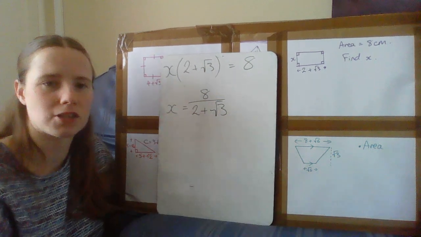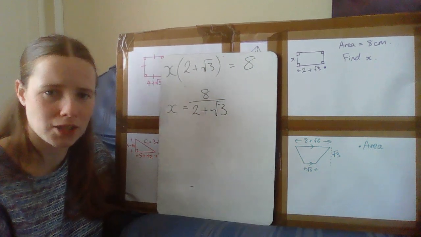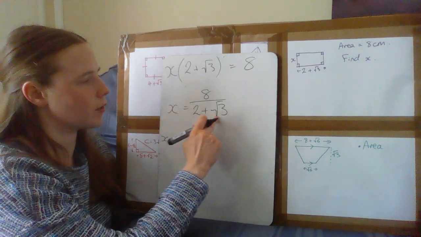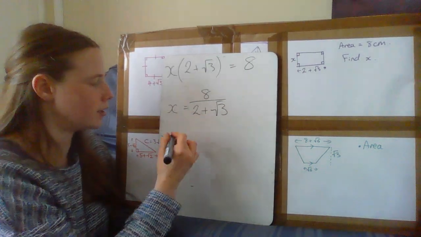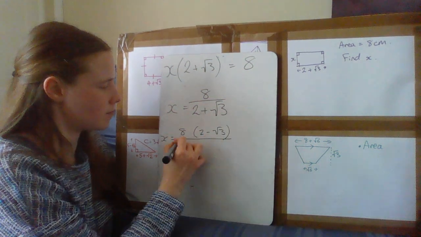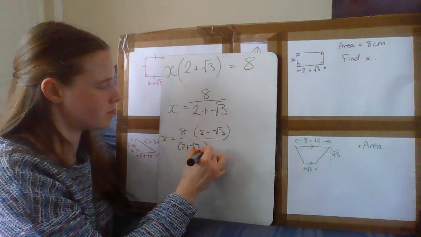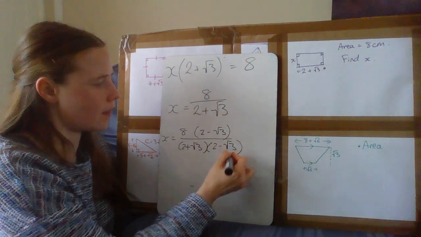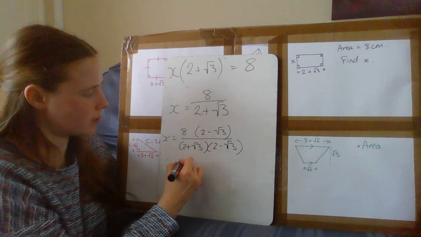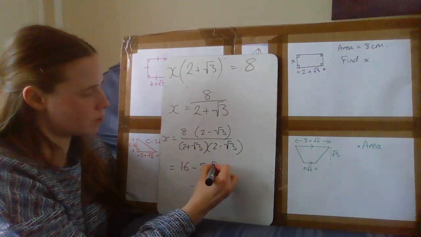So once you've got a fraction like this with a surd on the bottom, we're going to rationalise the denominator. The way I'm going to do that is I'm going to times by the complement of 2 plus root 3. So I'm timesing by 2 minus root 3. And then I just need to expand and simplify those brackets. So on the top, I'm going to get 16 minus 8 root 3.